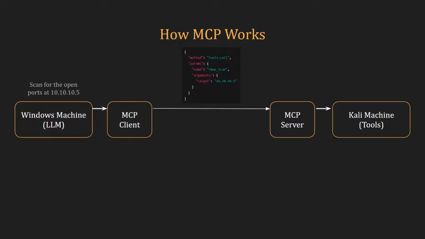The MCP server accesses the terminal of the Kali Linux machine and executes the command nmap followed by the target, which is passed as an argument in the JSON file sent by the MCP client.